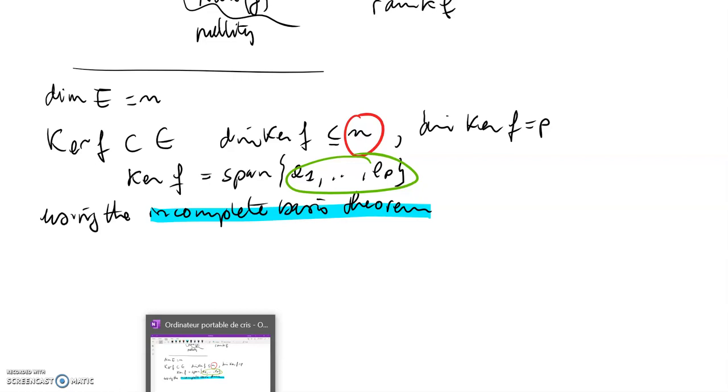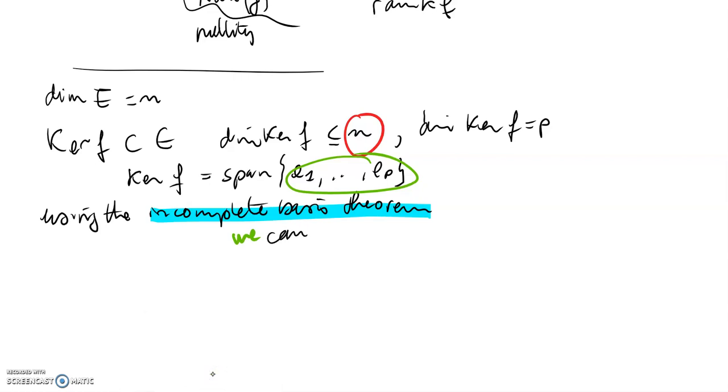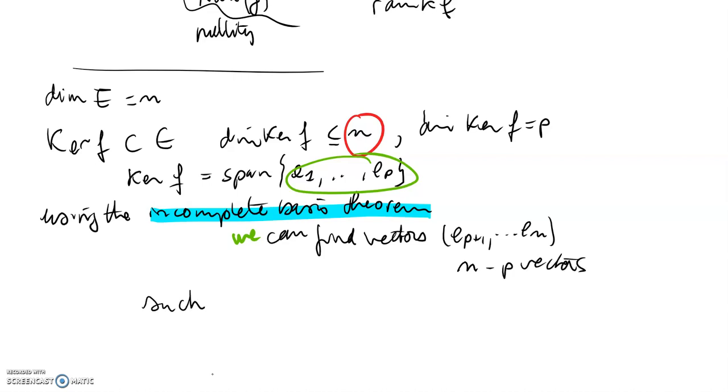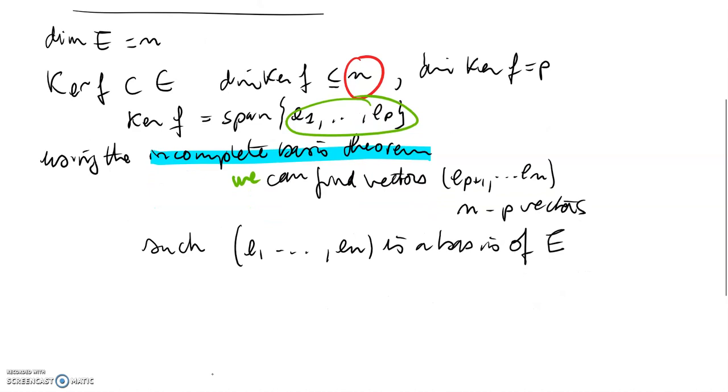So we can find vectors Ep+1 up to En, as many vectors as we need. So we have n minus p vectors, such that the whole system from E1 up to En is a basis of E. Okay, I've got n linearly independent vectors in a space of dimension n, so I know I can make a basis.